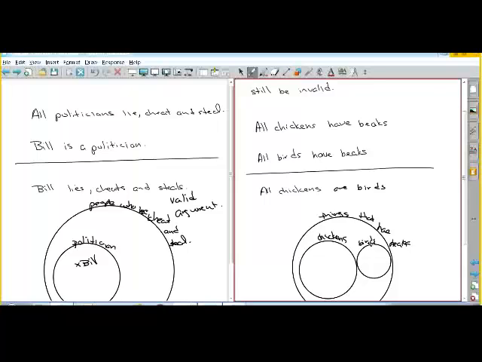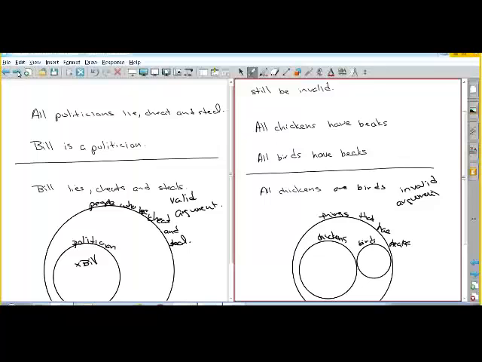So this is an invalid argument. It is a true statement, but it's an invalid argument because I can't force that X somewhere. It's probably because if you saw a statement with lots of all statements, it's probably too sweeping to narrow it down and make it work.